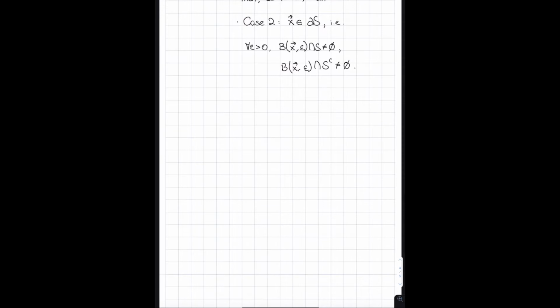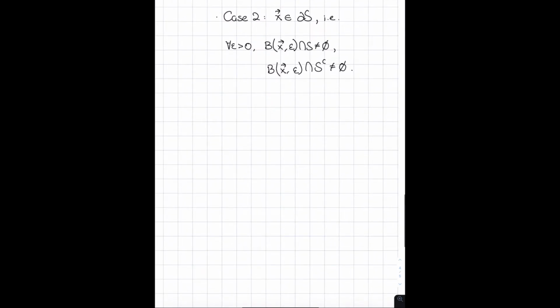So here's how I'm going to define my sequence A's of n. I use epsilon equals 1 over n, where n is some natural number.